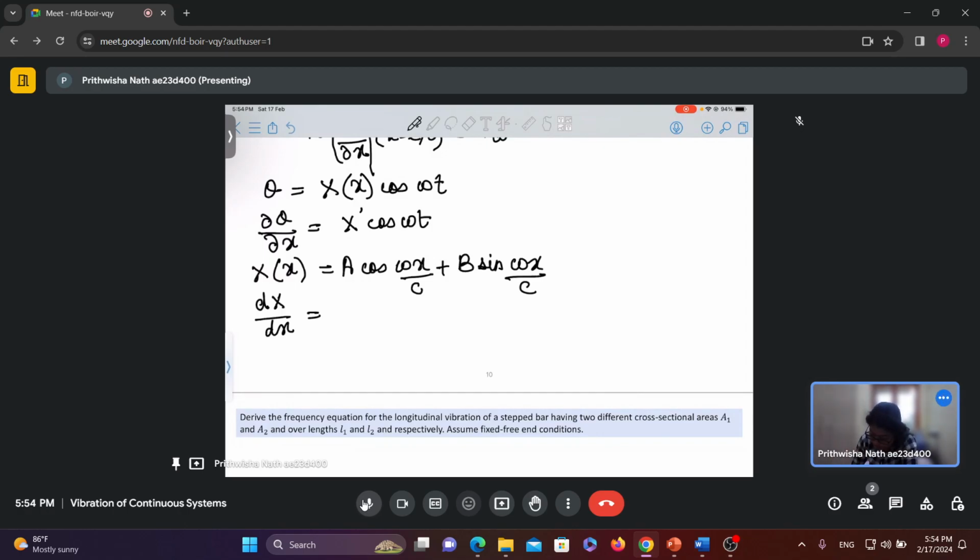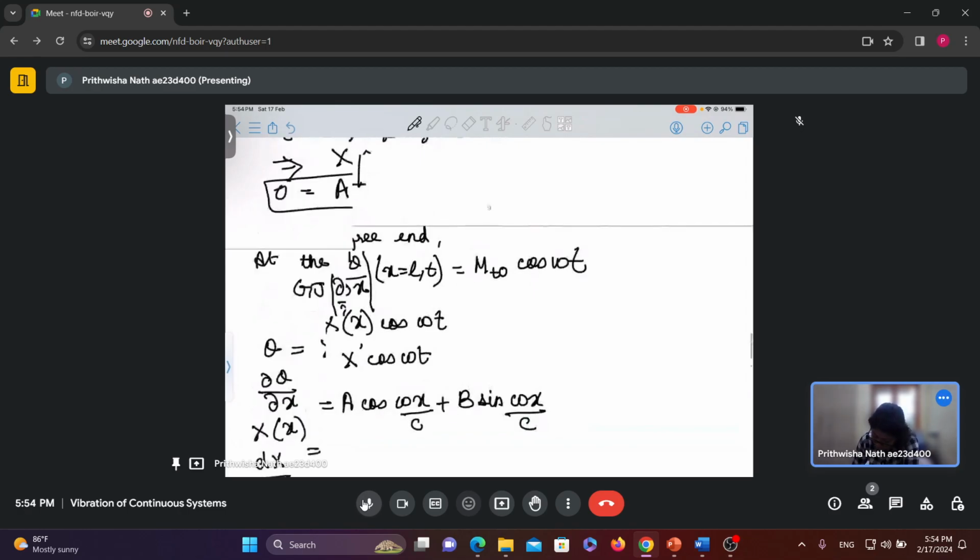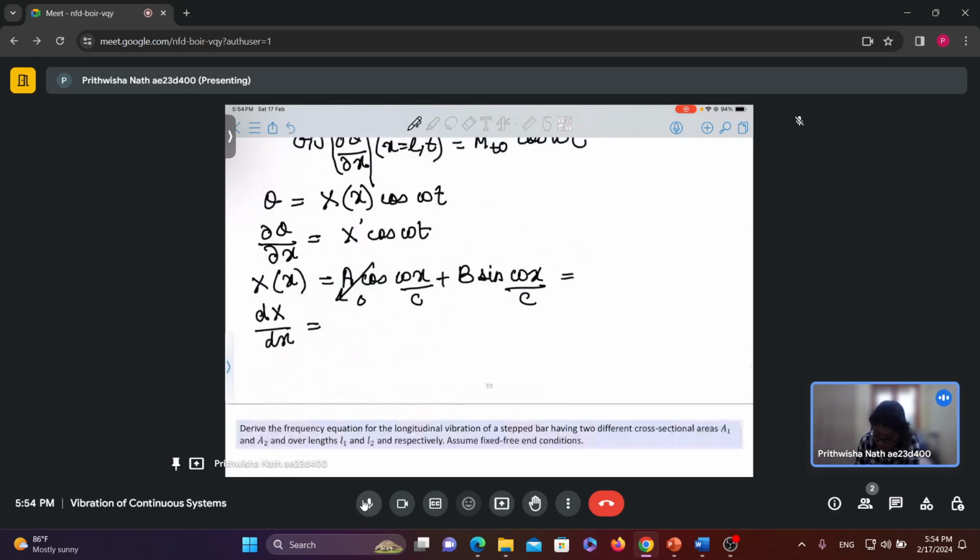And I already know A is 0 from this condition. A is 0, so I am left with B sin omega x divided by C. Now if I differentiate this, what do I get? B cos omega x by C into omega by C.